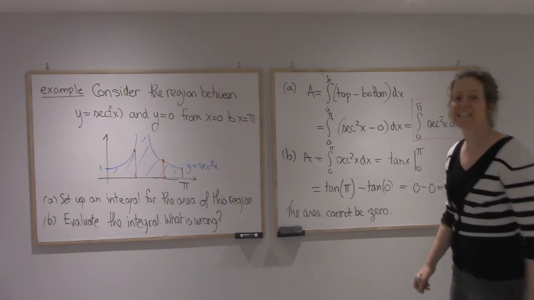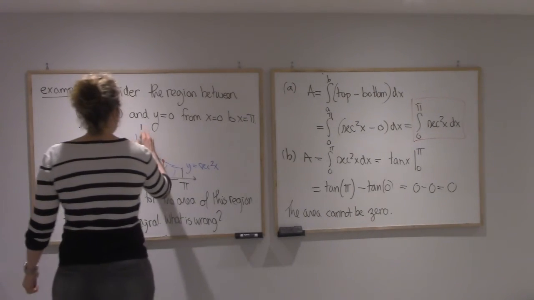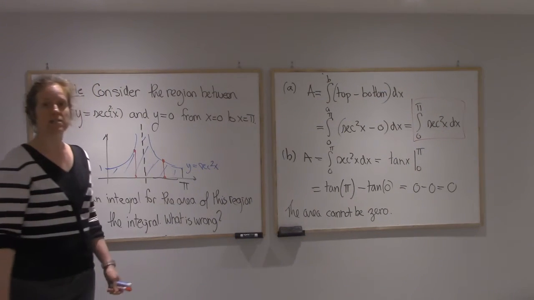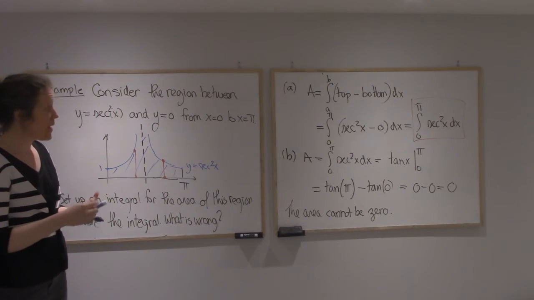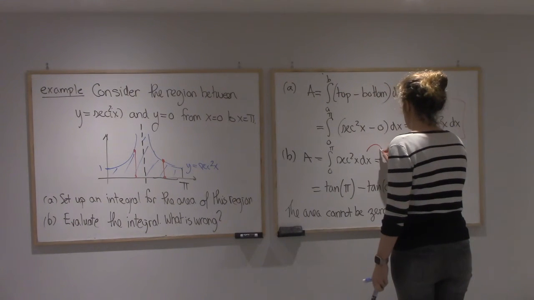So something I did is not legal, and it's not legal because I have an asymptote here. And the step that I'm not allowed to make is strangely this one.